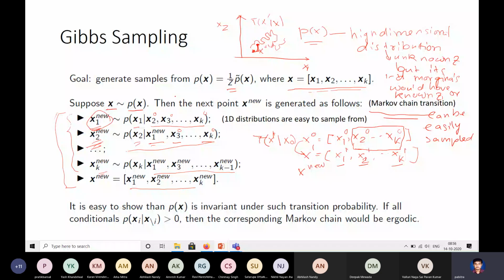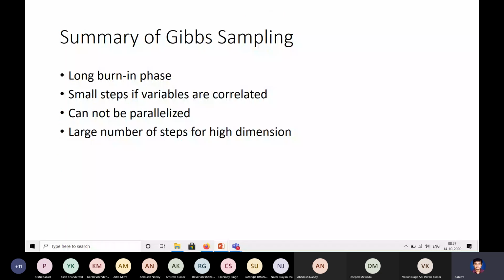But it is a very simple method in the sense that it is hyperparameter free. The transition matrix is directly defined in terms of the target distribution. It's hyperparameter free, and there is no optimization or anything, and it is unbiased in the sense that if you simulate this Gibbs sampling long enough, you eventually always get samples drawn according to the target distribution.